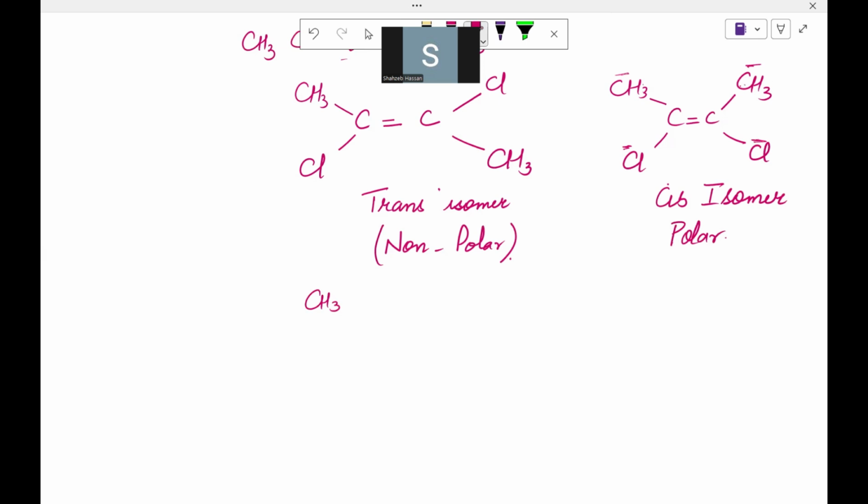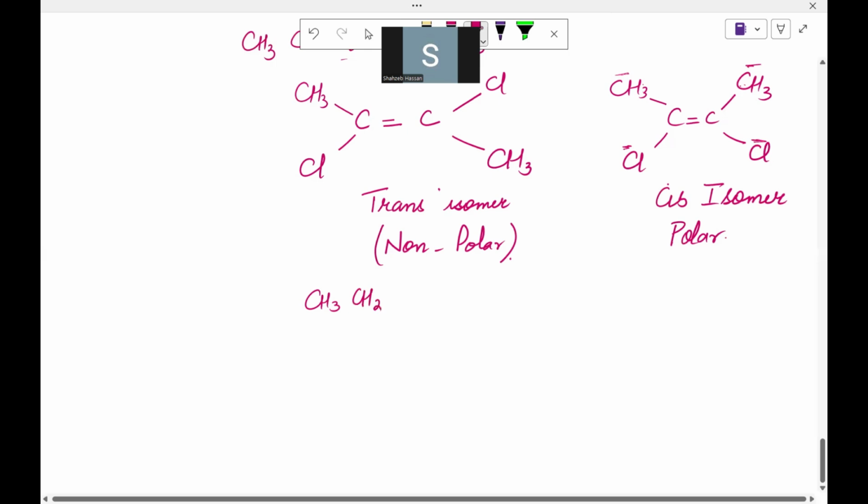Okay. So now we have CH3, CH2, then we have CH double bond CH, CH3. Now, we know it has a double bond here, and one is H here, and the other one is an ethyl group here. We have H here, and we have CH3 here.